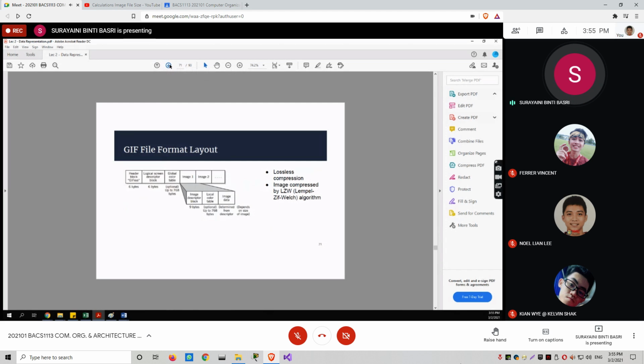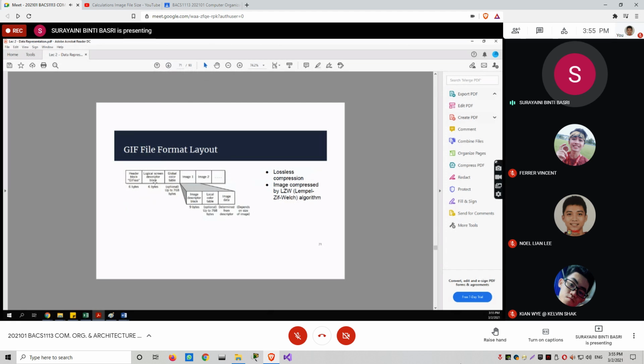The format is like this. So the GIF file will be stored, for example, with the header block, meaning it will store the header block information here. So there's a format for it. Usually it will be stored like GIF, XXA. So this is the information.